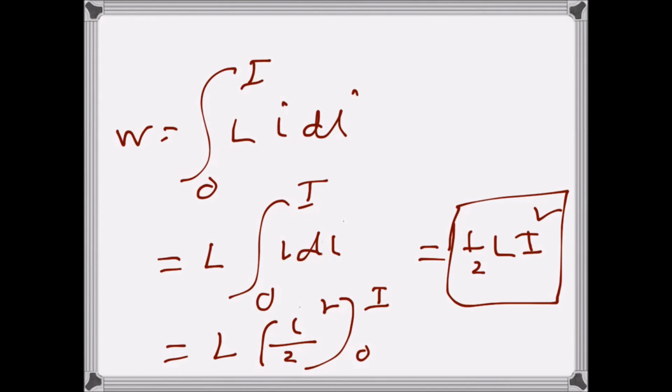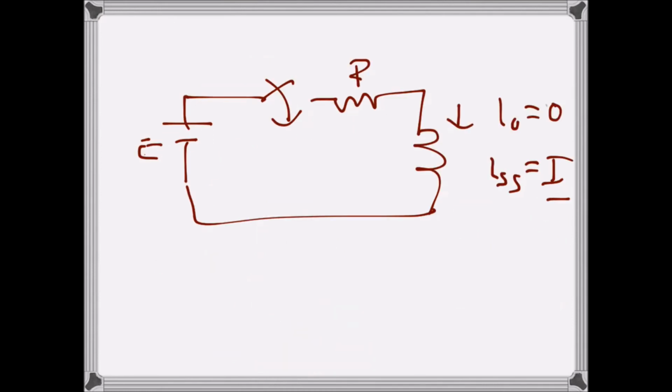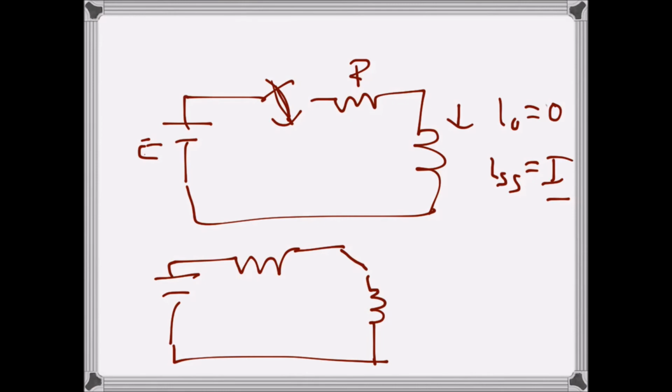It is proportional to the square of the current, the steady state current in this case. And when this is the stored energy, now consider this circuit where the switch has two positions.